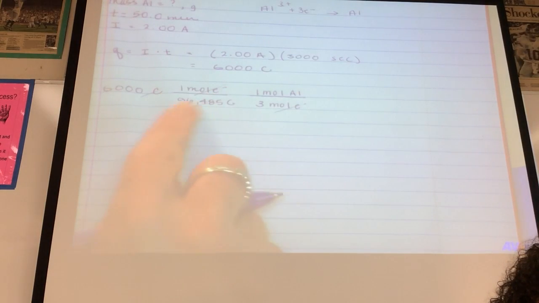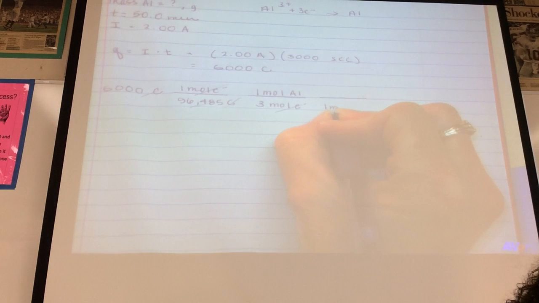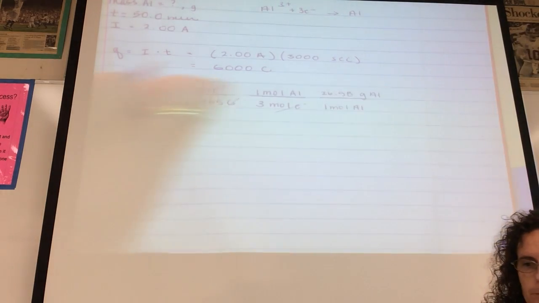I shouldn't have put a line through that. I meant to put it through the C. Sorry. And 1 mole of aluminum is 26.98 grams of aluminum.